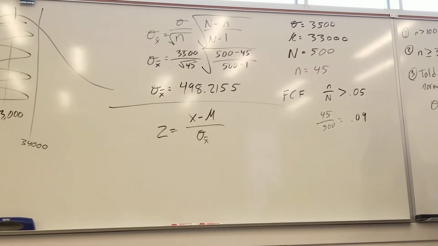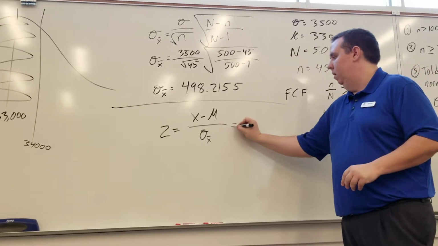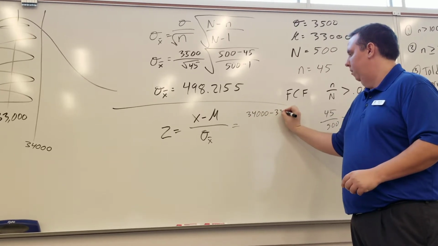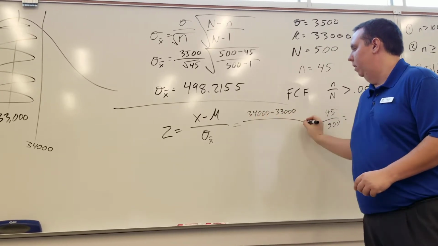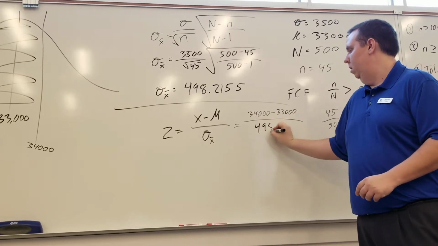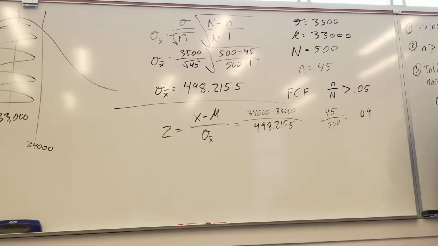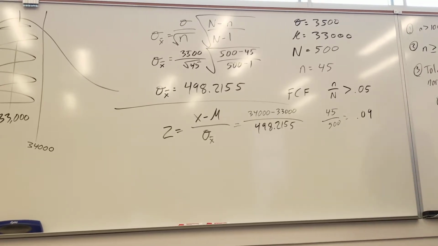So our x, let's say, is 34,000 minus our mu of 33,000, all over that 498 standard error that we just found.